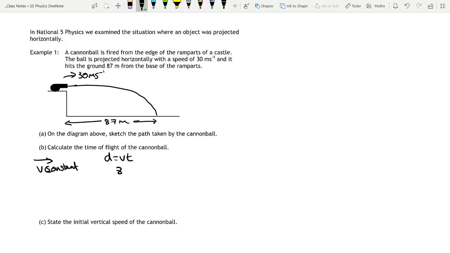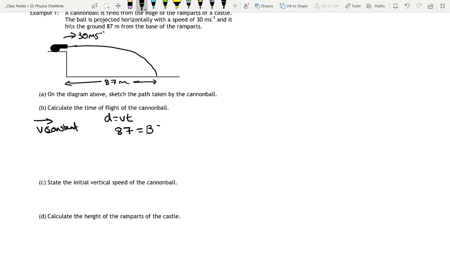So the distance is 87. The speed is 30. And we want to find the time. So the time is going to be 87 divided by 30, which comes to 2.9 seconds. Okay, nothing new there.